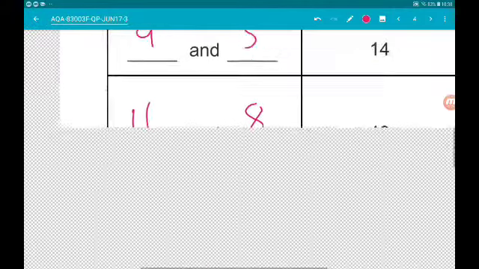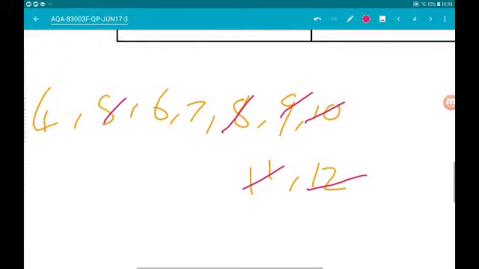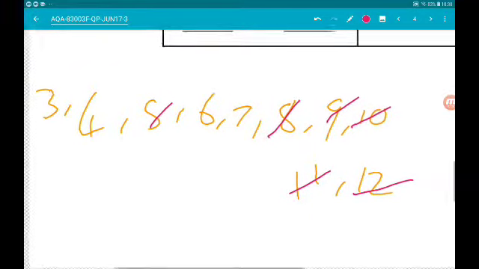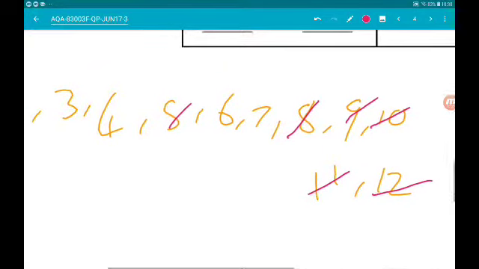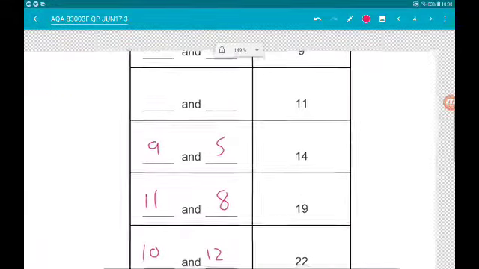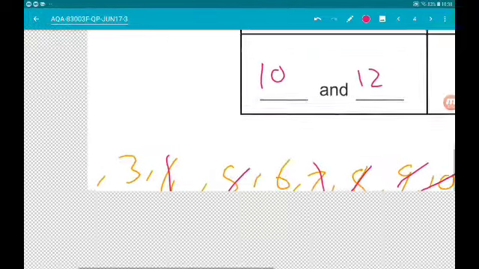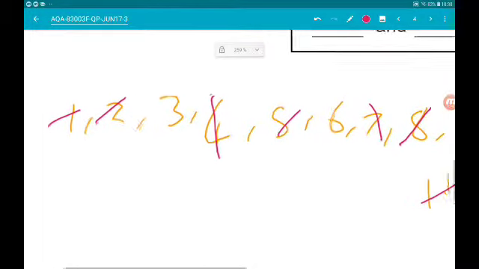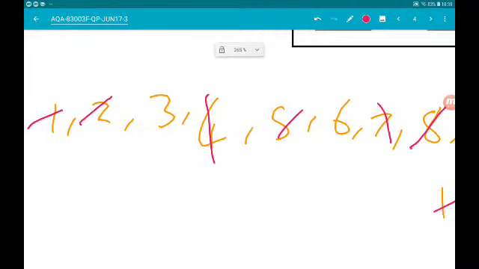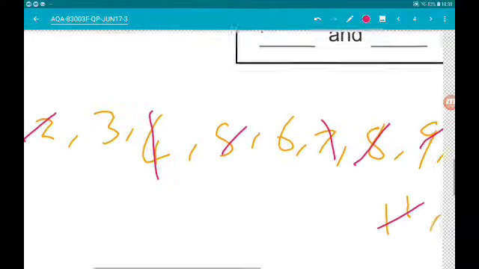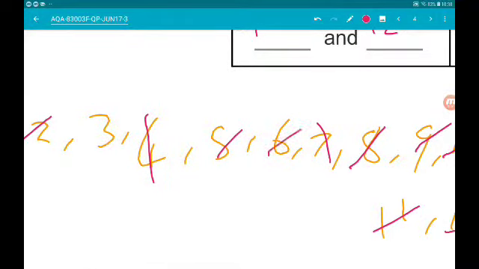Then we want 11. There's only one way we can do that. That is 7 and 4. Which means 9 is going to be whatever we're left with, 3 and 6.